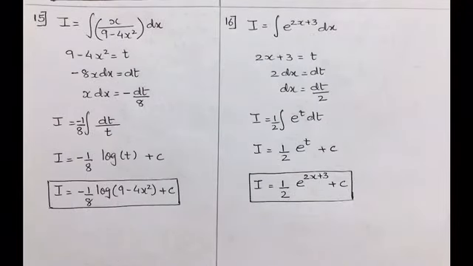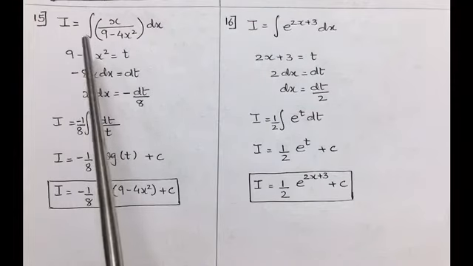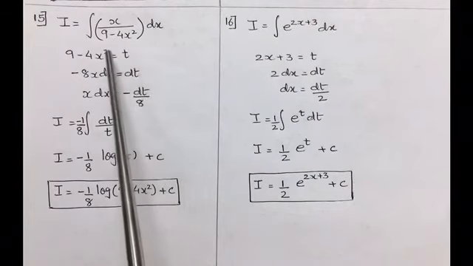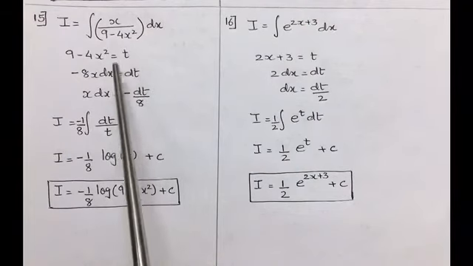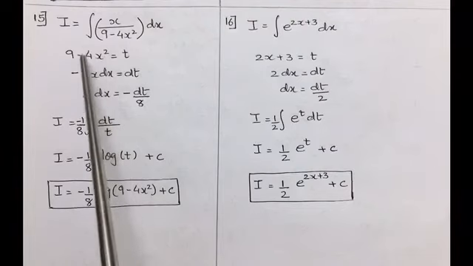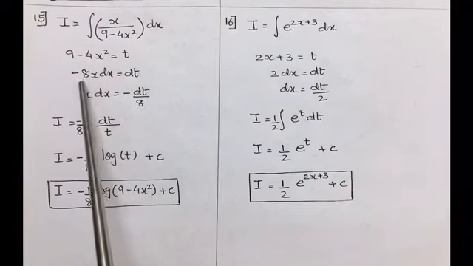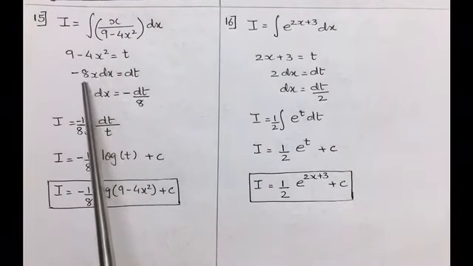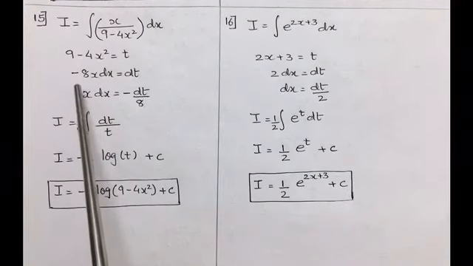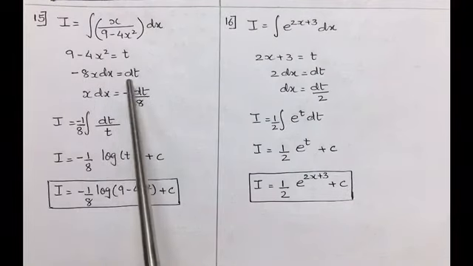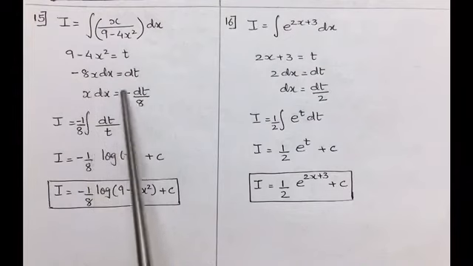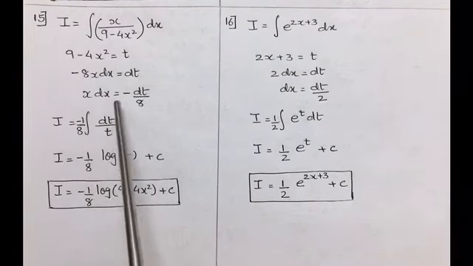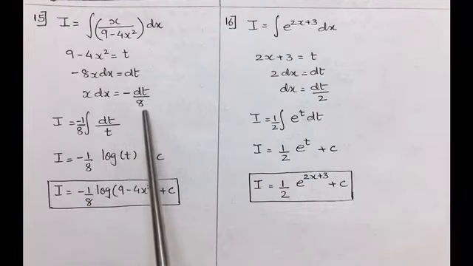15th one is I is equal to integration of x upon 9 minus 4x square dx. Assuming 9 minus 4x square as t and differentiating it, we get minus 8x dx, differentiating 4x square. 9 differentiation is 0. So minus 8x dx will be equal to dt. Shifting the constant to the other side and the negative sign also, we get x dx is equal to minus dt by 8.